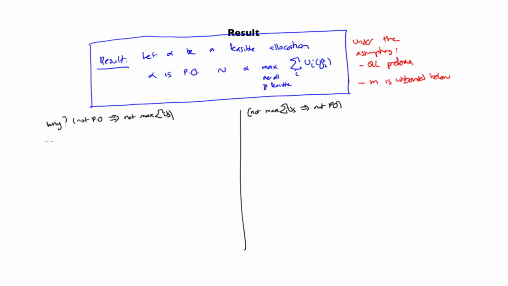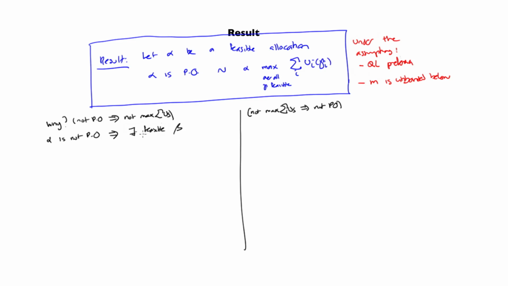Suppose that alpha is not Pareto optimal. What does this imply? This implies that there exists another allocation, there exists a feasible beta, remember by the definition of Pareto optimality, that makes one person better off and nobody worse off.